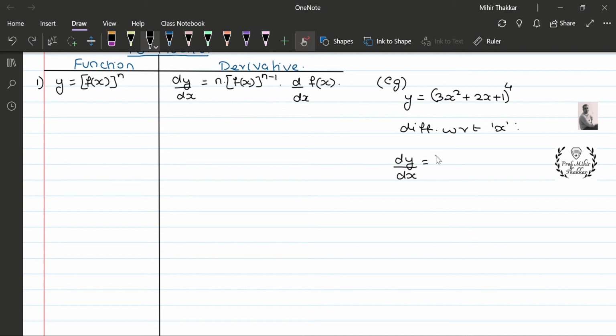So this is 4 into bracket 3x square plus 2x plus 1 to the power 4 minus 1, that is 3, multiplied by the derivative of fx, which is the derivative of 3x square plus 2x plus 1. Now over here, this 4 into 3x square plus 2x plus 1, the whole cube, will be taken down as it is.